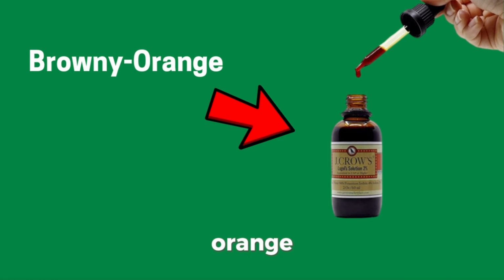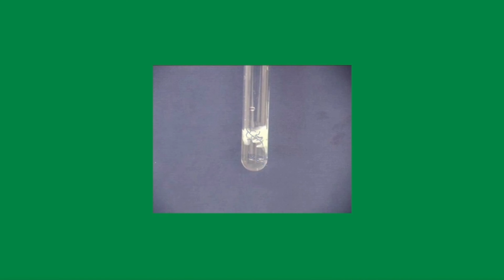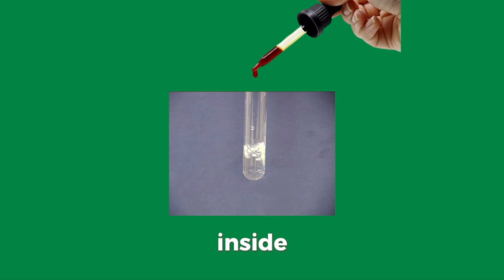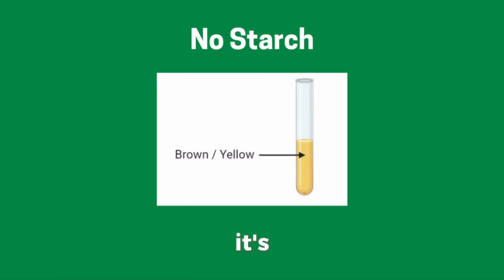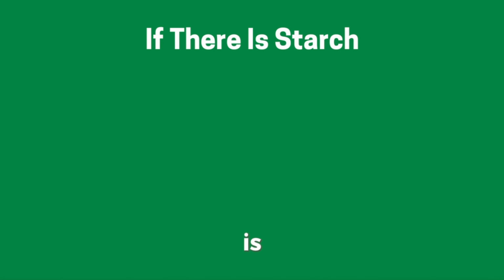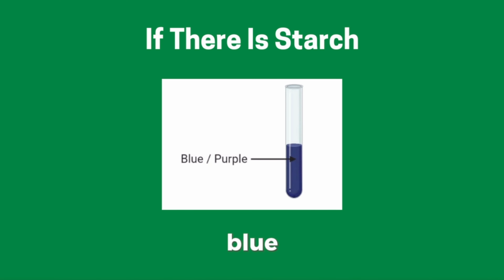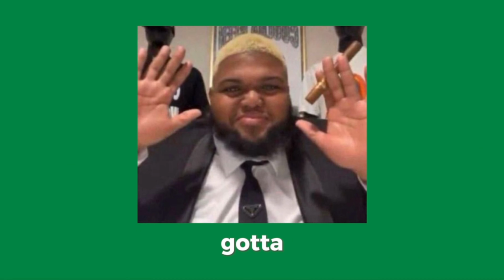And so I grab my unknown test tube and I put my iodine solution inside. Now, if there is no starch, it will remain its browny orange color, okay? Now, if there is starch, it will turn to a blue-purple color, and it happens instantly. And that's all you gotta know, bro.